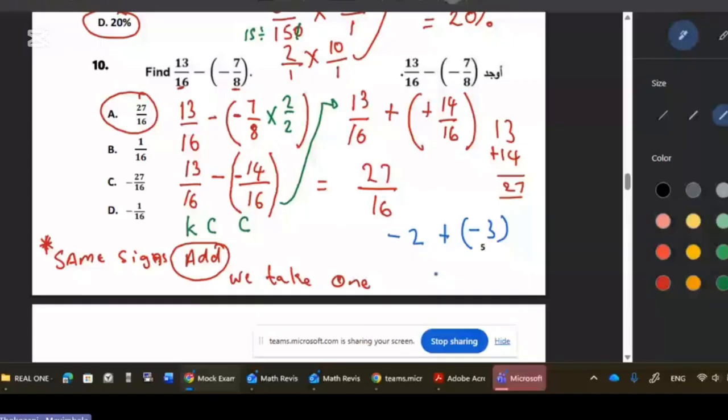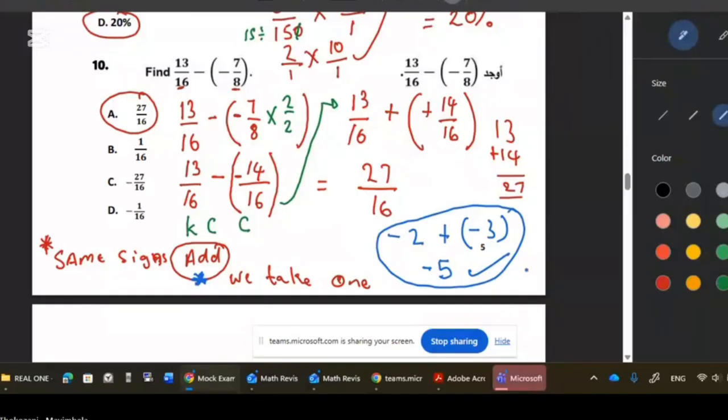Remember, same signs, what do we do? We add. So what is 2 plus 3? 5. And then we take one sign. What sign are we going to take? Minus. Can you see that? So this is a very important rule to remember.